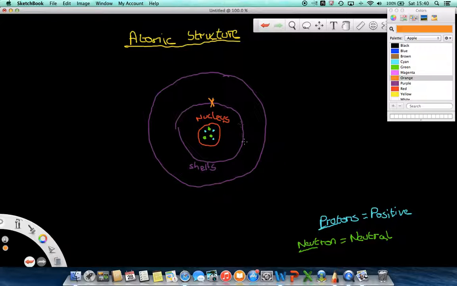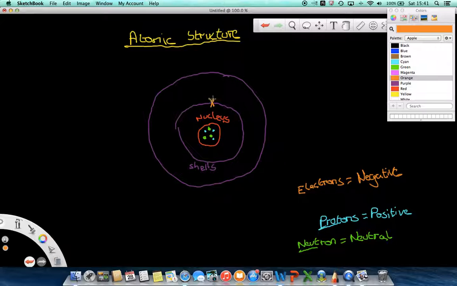Okay, and they sit in these shells, so on the line of the shell. Electrons are negative. So if you remember that protons are positive, neutrons are neutral, you then know that electrons are negative.